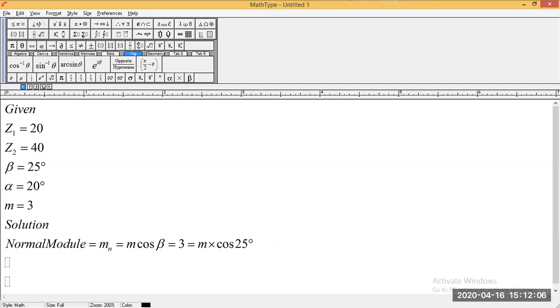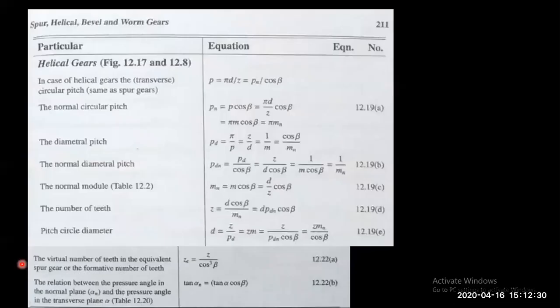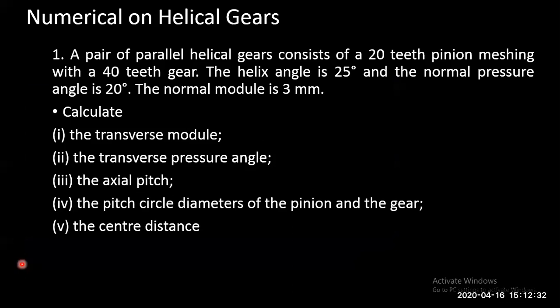So that means m will be, then this, it makes this as normal module mn. Normal module you designate as mn. Okay, slight correction. The normal module mn is 3, but we are required to find the transverse module. What is given in the question?